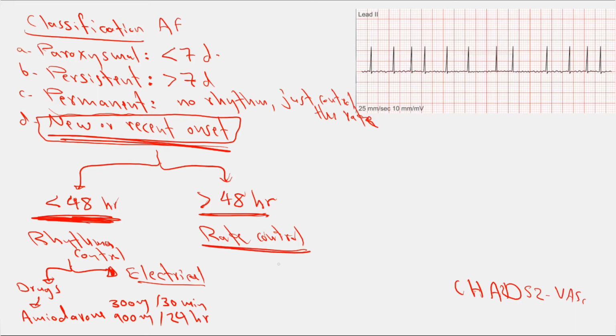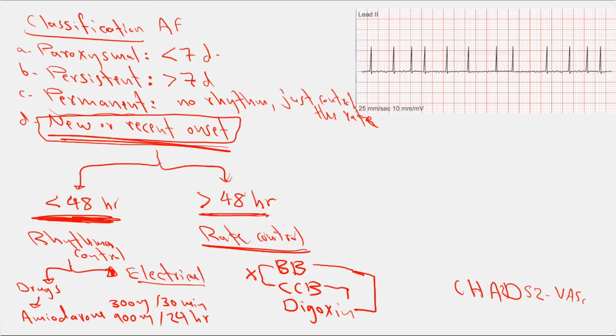For the rate control, you can use either beta blocker or calcium channel blocker or digoxin. Beta blocker and calcium channel blocker should not be combined, but beta blocker can be combined with digoxin.